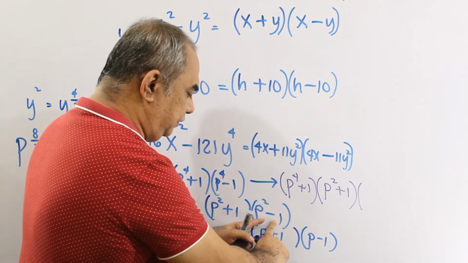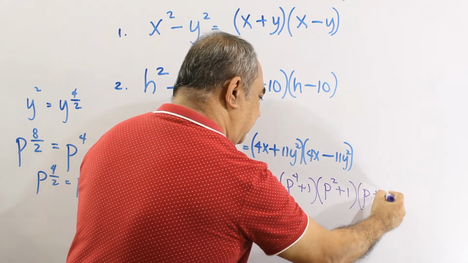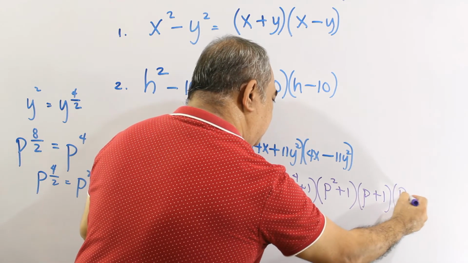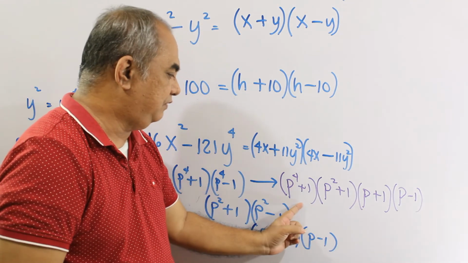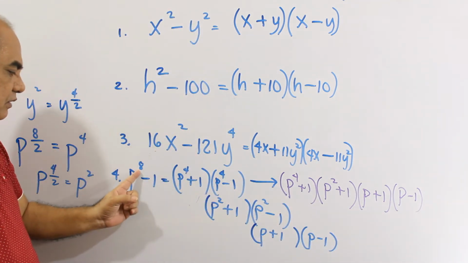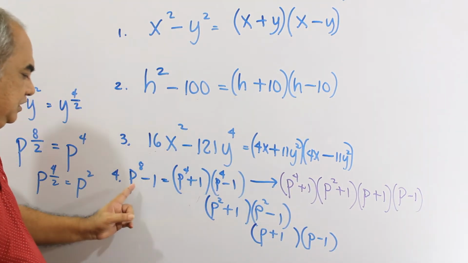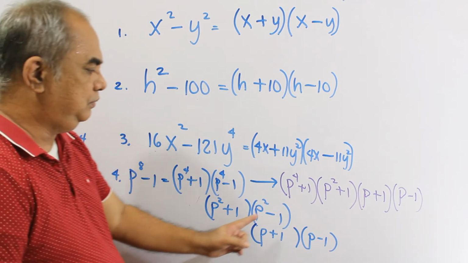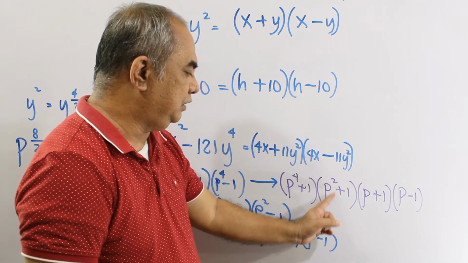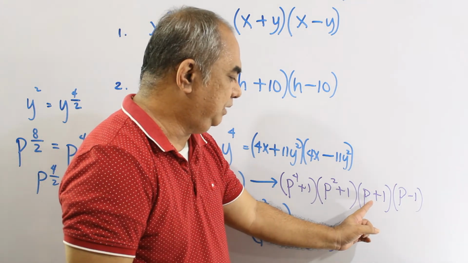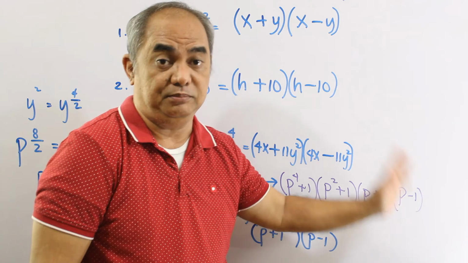Instead, the factored form of this binomial: we have now p plus 1 and p minus 1. And this, my friend, will be the final answer for this expression p to the 8 minus 1. This is the factored form. The final answer for the expression p to the 8 minus 1 would be p to the 4th plus 1, multiplied by the binomial p squared plus 1, multiplied by the binomials p plus 1 and p minus 1. In other words, we have 4 factors and each factor is a binomial.